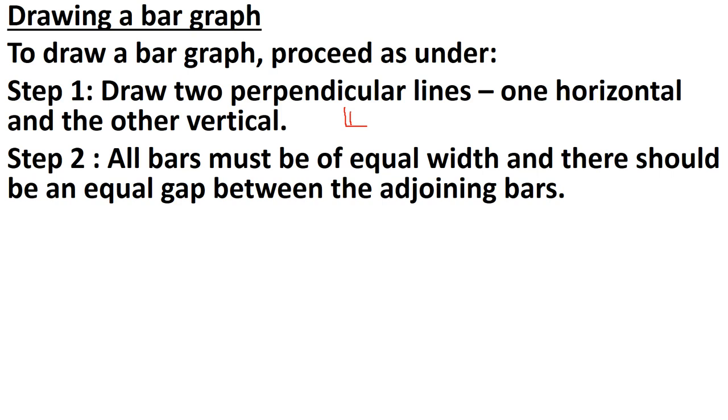It is not like that you make one in this way and the other bar you make like this. This one is wrong. ये गलत होगा. So the width of the bar must be equal and the gap must also be the same. The gap between the first two, then the third one, then the fourth one, must also be the same.